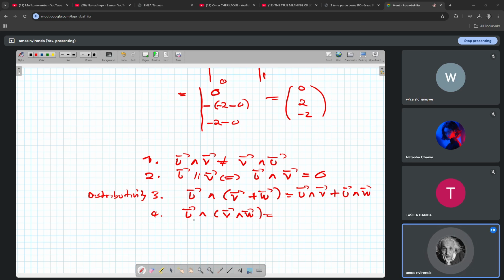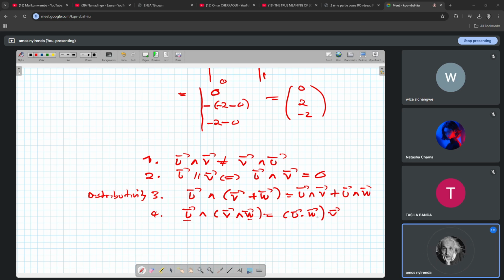How I remember it is, I'll take the dot product between this vector that I have here and the second vector. So this is going to be u dot w, and then I'll take the first vector outside here, v, like so.